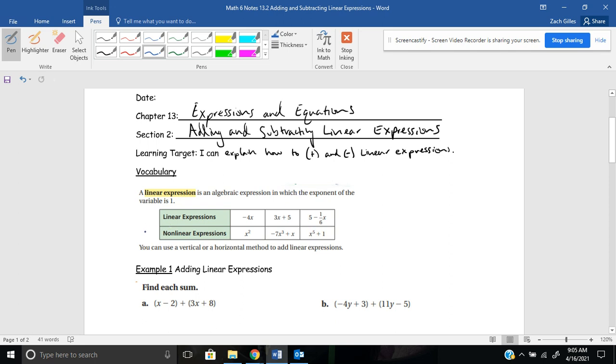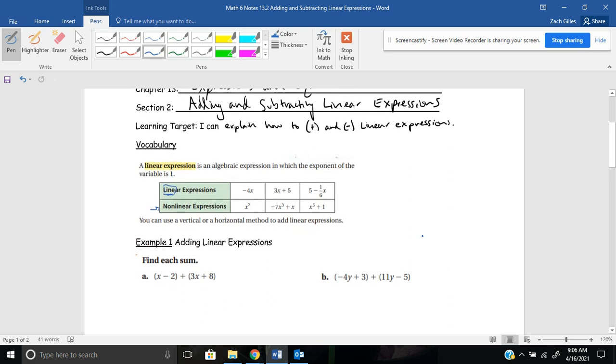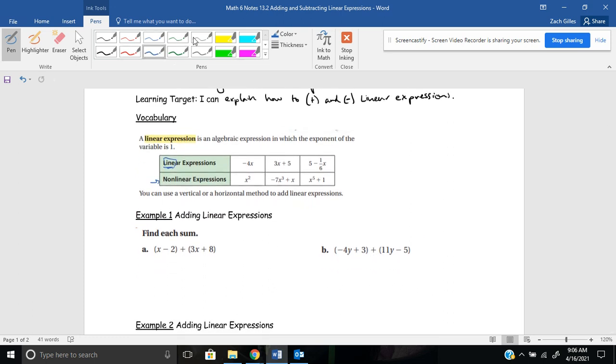These are examples of nonlinear, meaning that if you were to graph them, they would not make a line. These expressions, if you were to graph them, would make a line. They're linear.